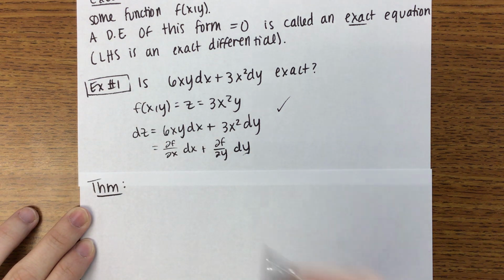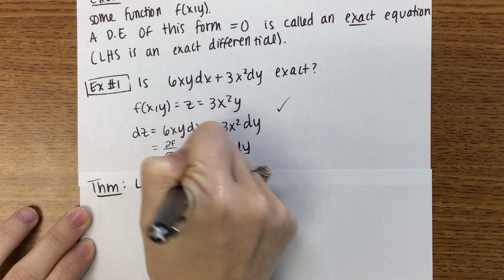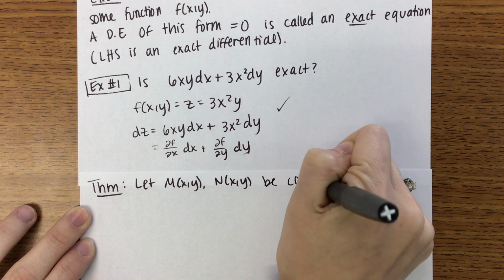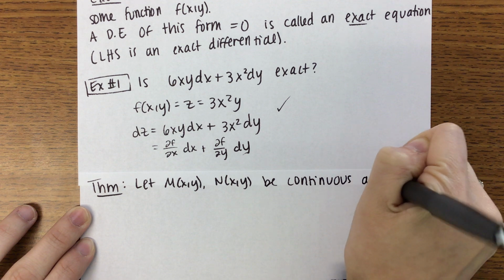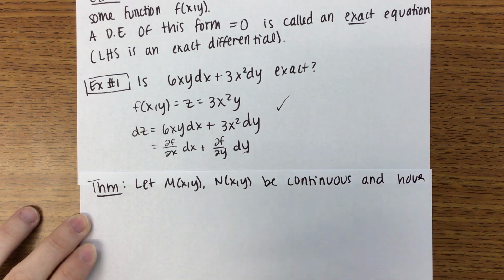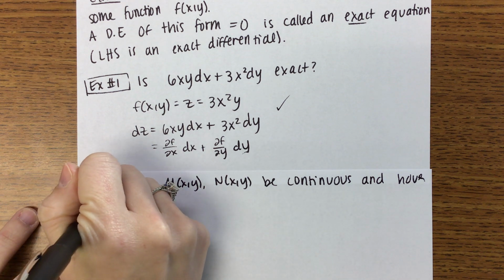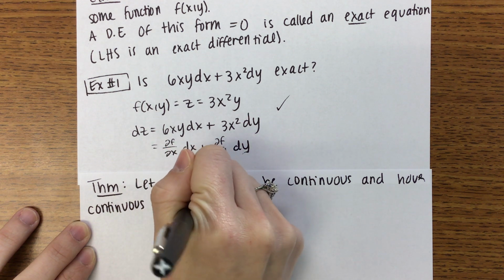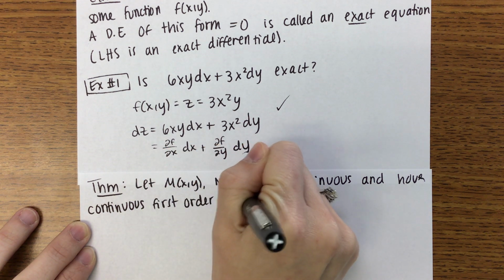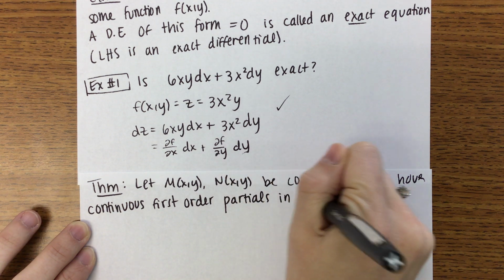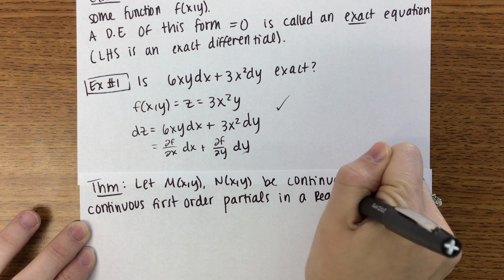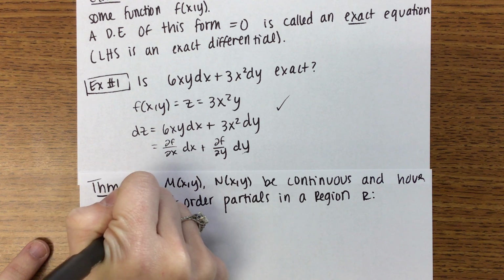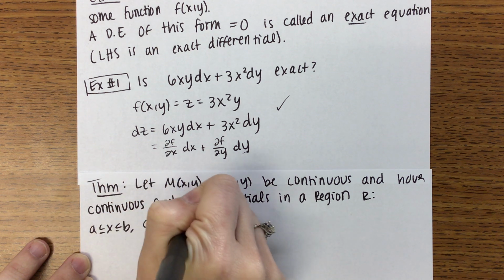So here's our theorem. Let M of x,y and N of x,y be continuous and have continuous first order partials in a region R. R is defined by x being between a and b, and then y being between c and d.